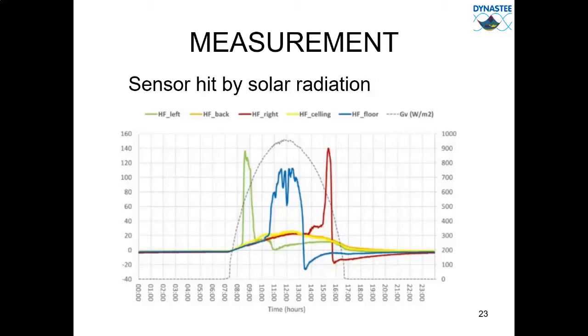So in this one day that you are seeing in this graph, the impact of solar radiation is on the west, east, ceiling, and floor. It is important to understand that it is a signal from the sensor, and not of the whole surface that it is expected to represent. So the sun will hit the sensor, although it is already hitting the surface area before. So that is why these strange behaviors are to be interpreted.